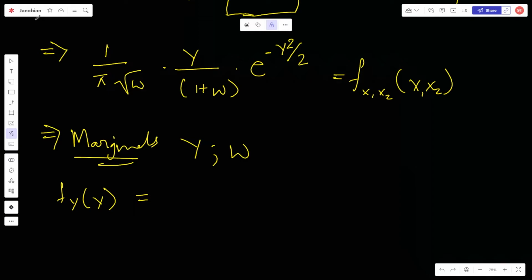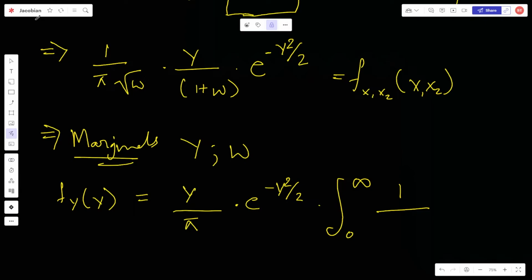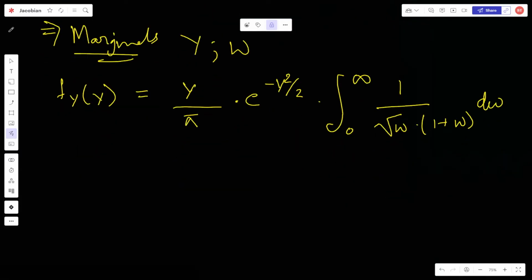So if we rewrite that equation, we have y divided by pi multiplied by e to the power negative y squared over 2 times the integral from 0 to infinity for 1 divided by square root of w times 1 plus w dw. This part is just a constant.